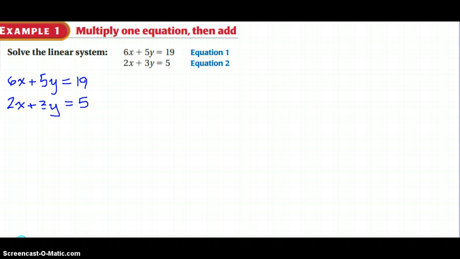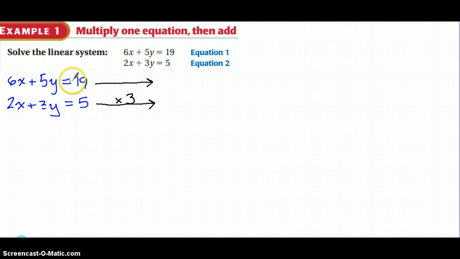Any idea what that is? It is 3. So we don't have to multiply the top equation by anything, but we do have to multiply the bottom equation, and that's going to be multiplied by that 3 there. Okay, because that multiplying by 3 will give me 6x. So we're going to go ahead and do this.